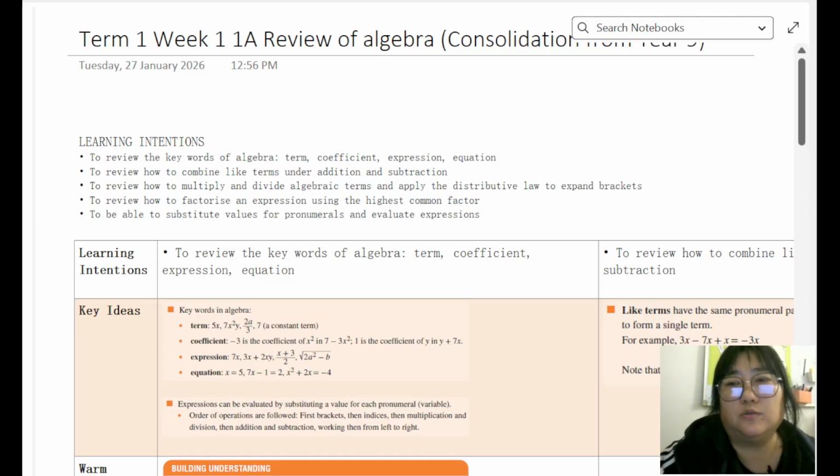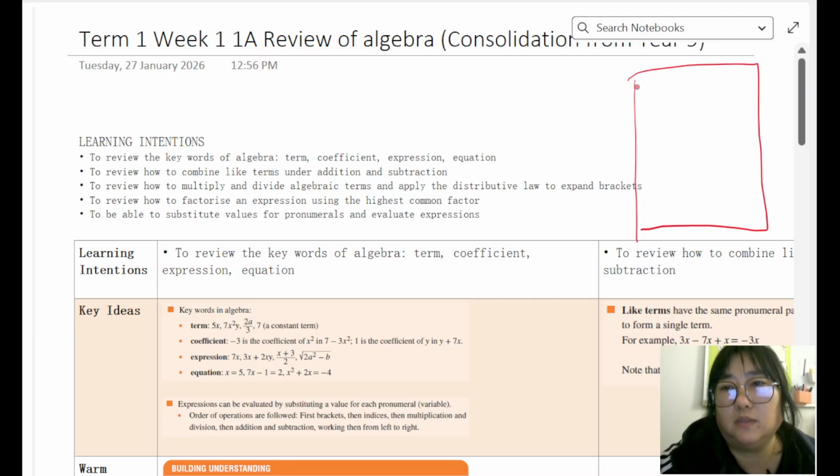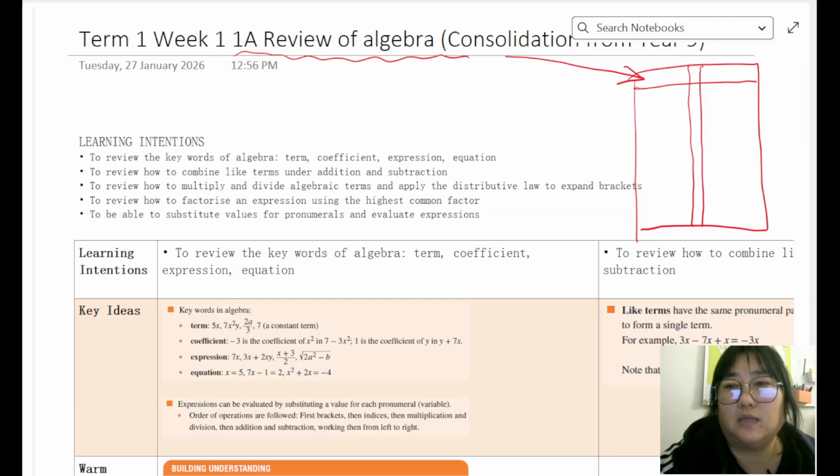They have the A4 size notebook like this, and I ask them to draw a top line, a horizontal line, and keep that on the top. I ask my students to write the title here, and also the date. For example, today is 2nd of August, 2026. They will add the date after the title.